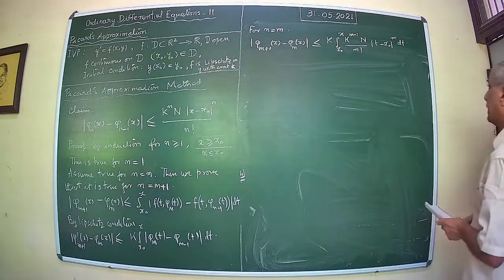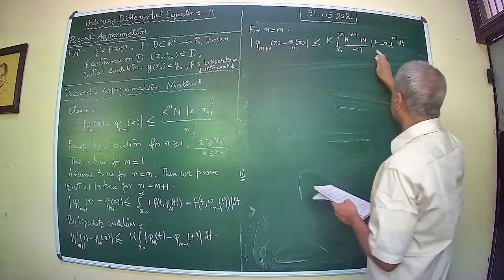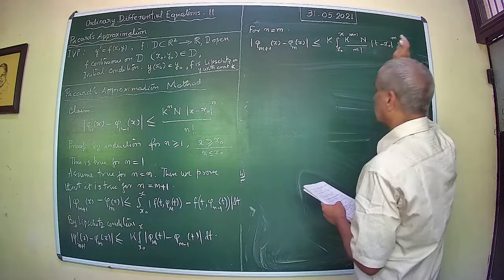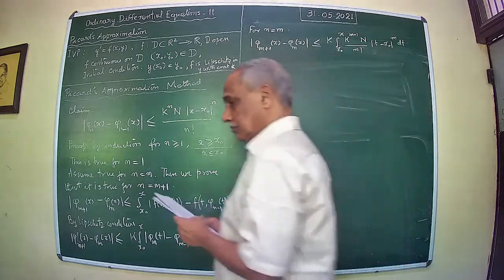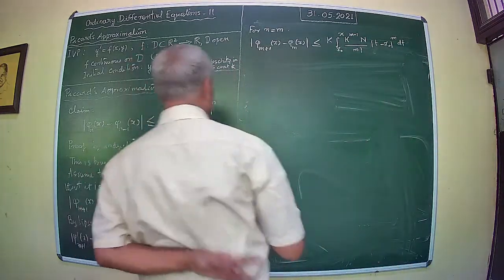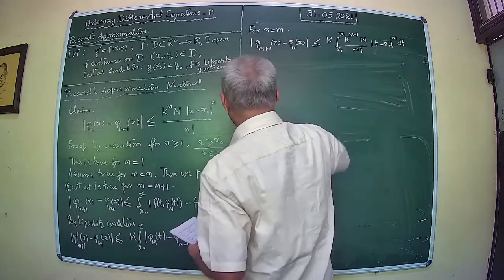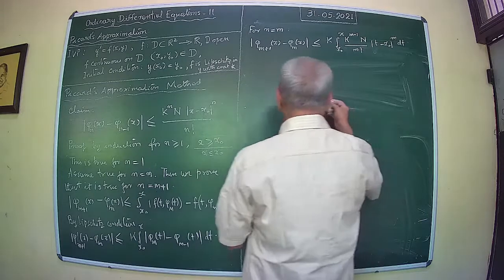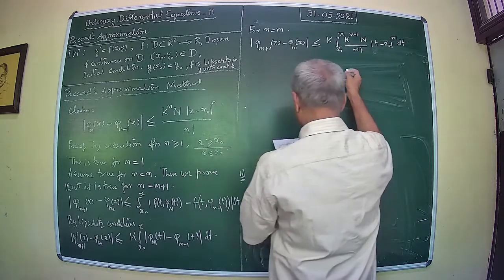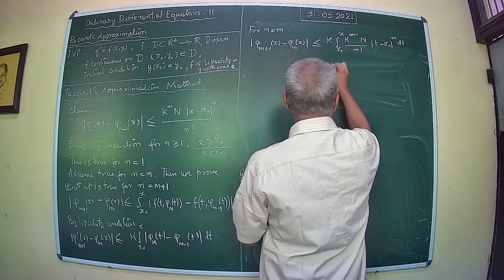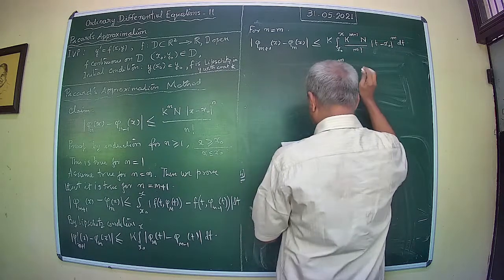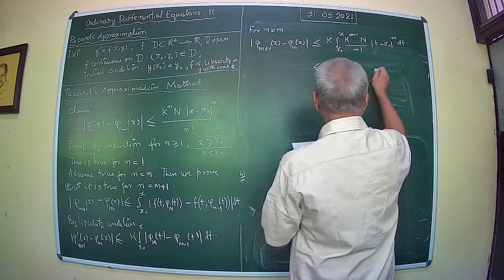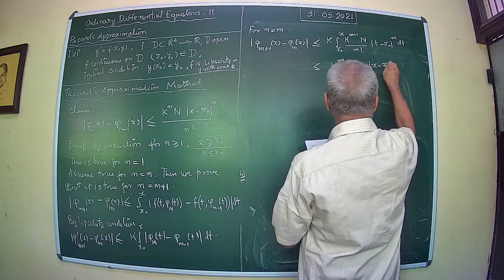Since x is greater than x naught, this is essentially t minus x naught. Okay. Otherwise, there will be a minus sign. Then this we estimate by k to the power m into mod x minus x naught.